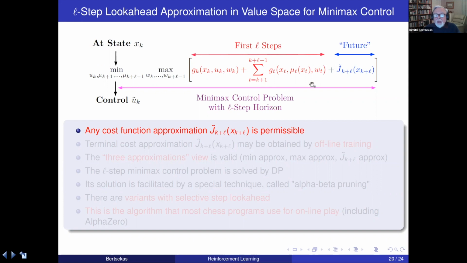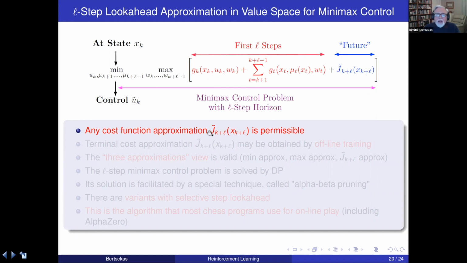It involves also the wk's, and we maximize this expression, and then we minimize over this L-step policy. So instead of addressing an n-step horizon problem, which is the original problem, we truncate the horizon to just L steps and use a future cost approximation with this J tilde.